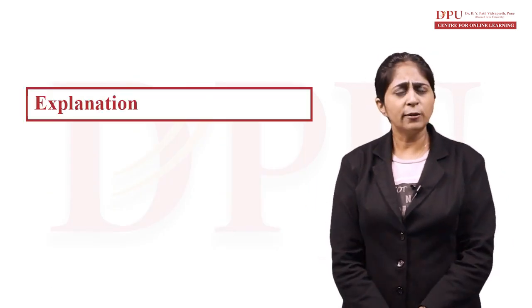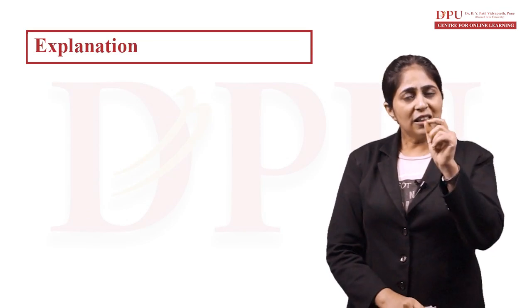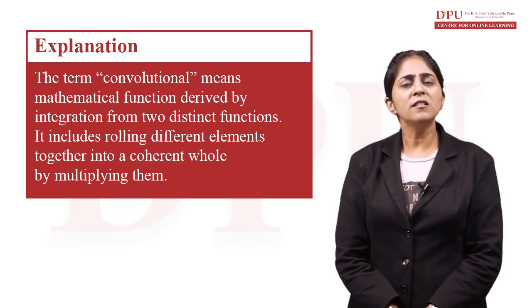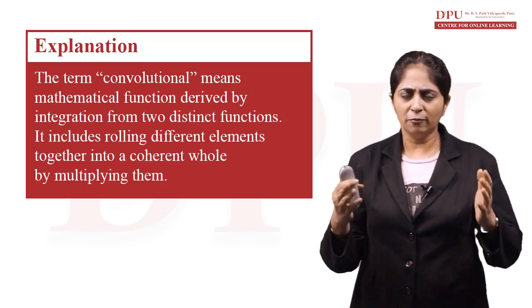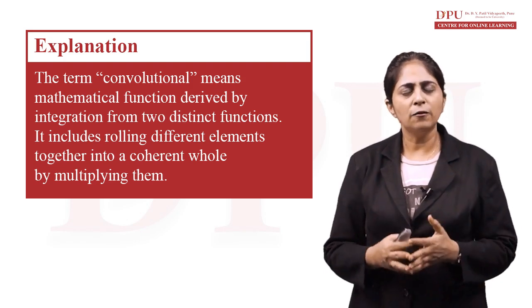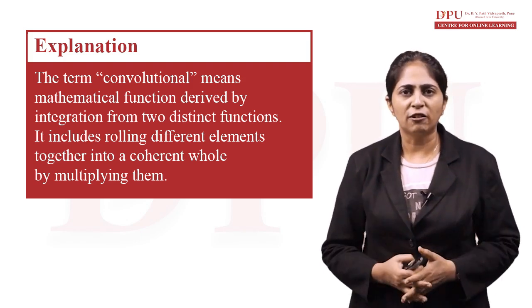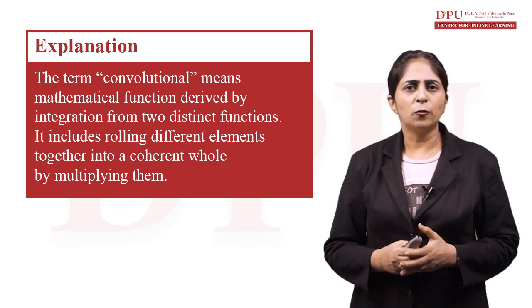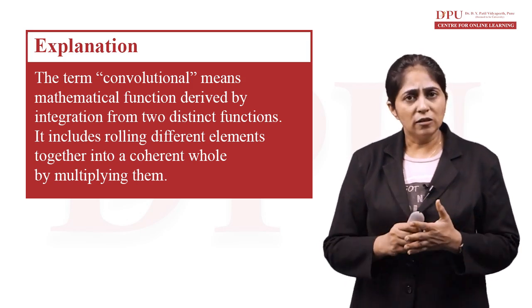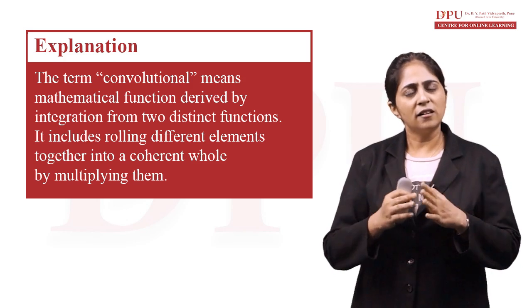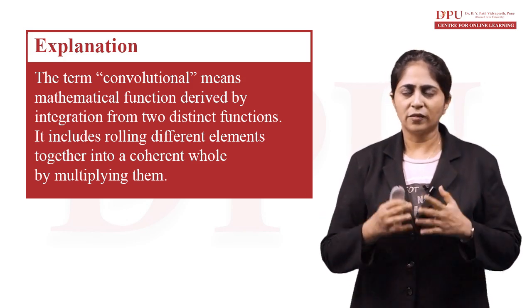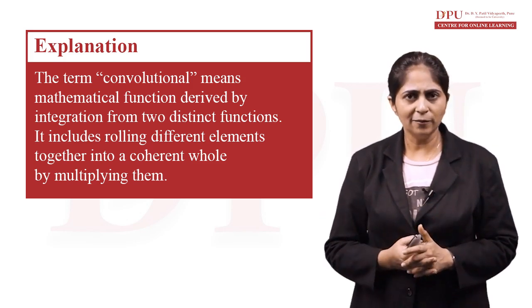Talking about more explanation of CNN, the term convolutional. What is this term convolutional? Since we design something, if we create something, we need to keep a meaningful name for it. In a very similar way, a CNN, neural network, we know that it is a collection of different nodes that is inspired from our human brain.